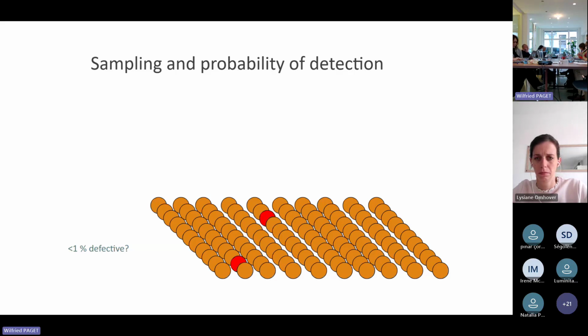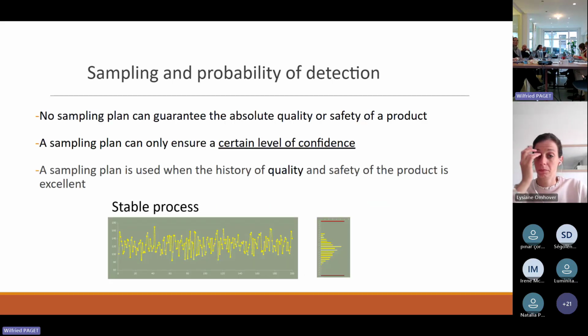So your probability of detection is quite low, but this has to be understood in the sense that when we analyze a lot, we are not analyzing every unit of the lot. We are analyzing a sample. So when you analyze a sample, there is a probability of finding that the lot is non-conforming.